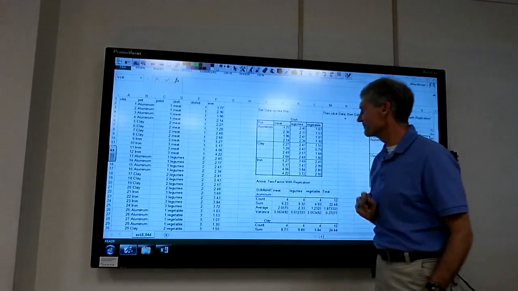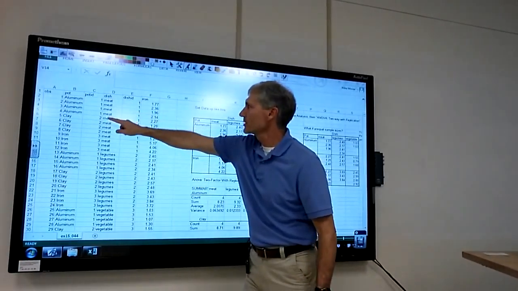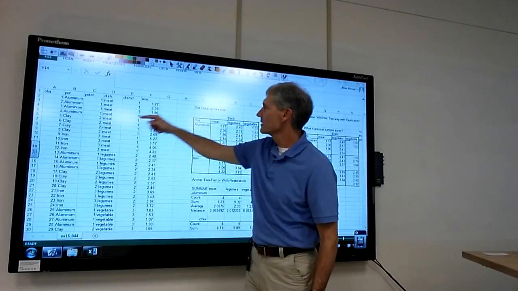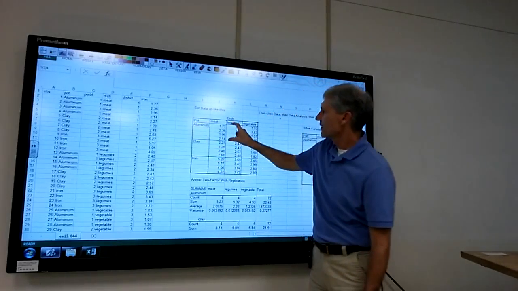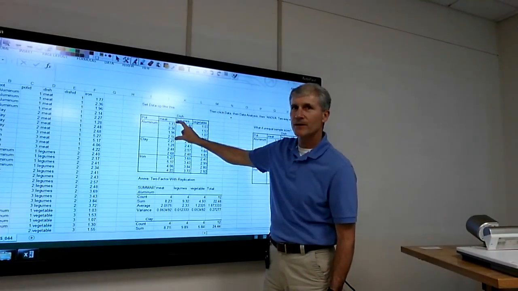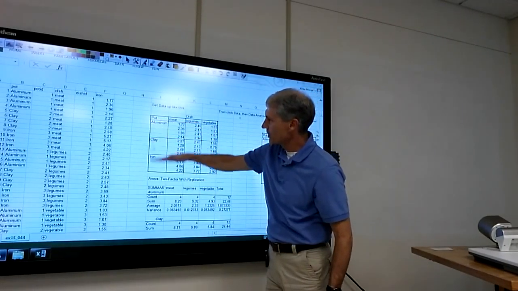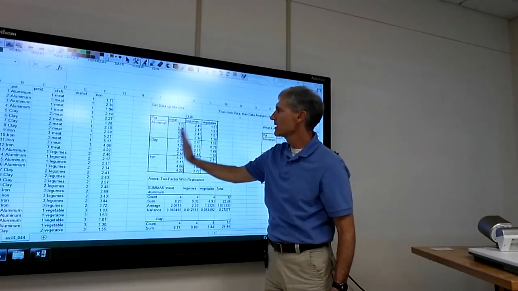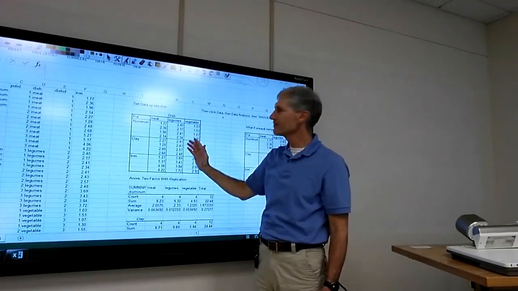Yep. Thank you. Okay, so these first four observations, aluminum, pot, meat, 177, 236, 196, and so on, you see those numbers right here. So it's set up now in a grid that has, as the rows, the type of pot, and as the columns, the type of dish, right, or type of food.